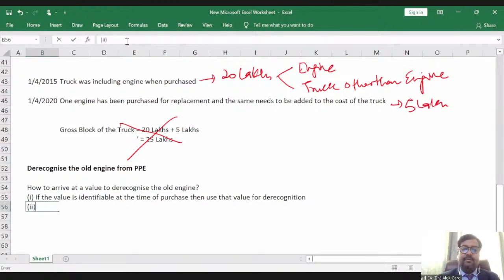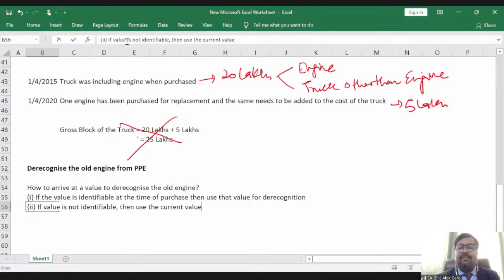Second, if the original value is not identifiable, then use the current value. Because of course, today, after 5 years, you are replacing this engine. So today you are aware of the cost.